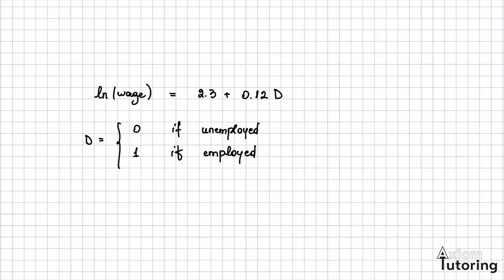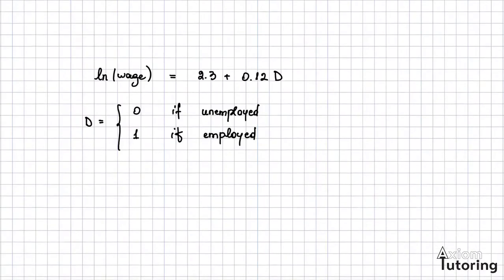Now, based on the approximate interpretation that we got from the previous video, this beta 1 of 0.12 means that the approximate percentage difference should be 100 times 0.12, meaning just 12%.